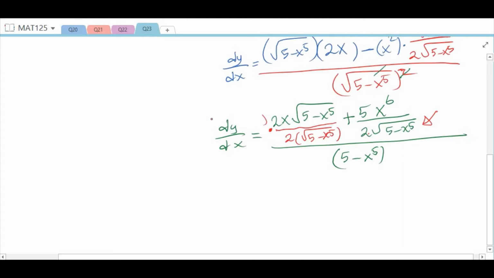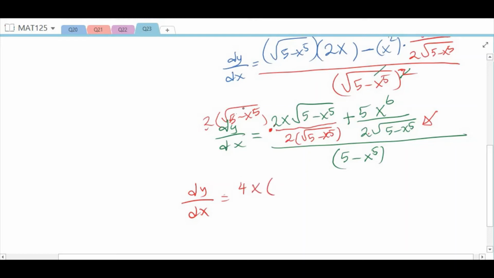So this will be 2 times square root of 5 minus x to the fifth. Multiplying those expressions together, I will have dy over dx: 2 times 2 is 4, and the x remains inside.